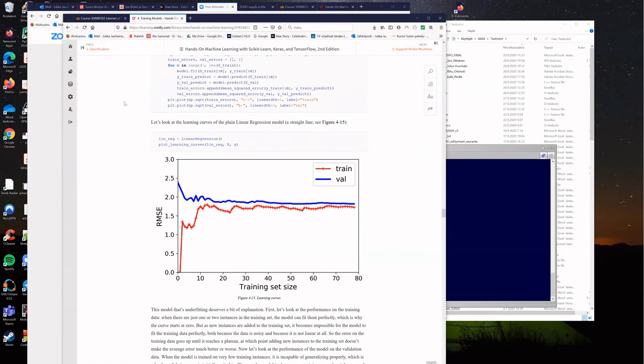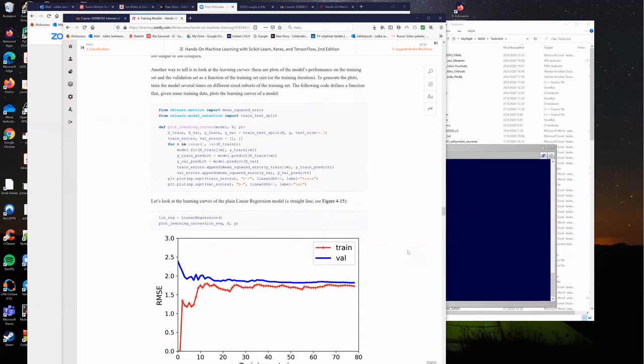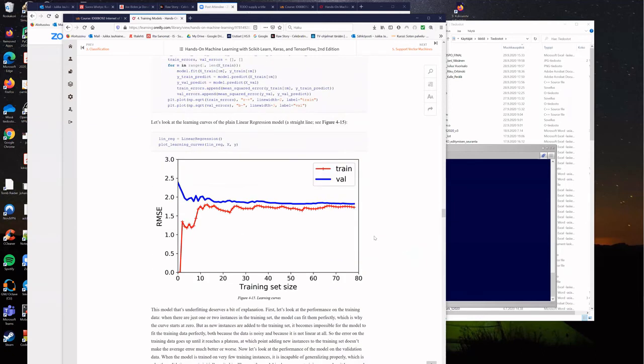And when you change the training set size, for example, here from 0 to 80, so how many data points you have in these sets, you see that for these training and validation sets, the RMSE is quite large.